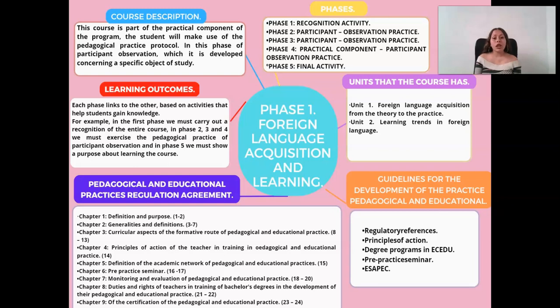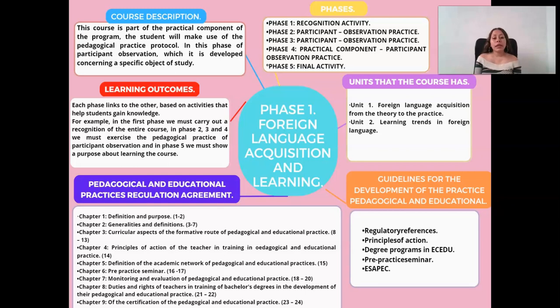Chapter 8, duties and rules of the teacher in training of bachelor degrees in the development of their pedagogical and educational practice, has articles 21 and 22. And finally, Chapter 9, certification of the pedagogical and educational practice, has articles 23 and 24.